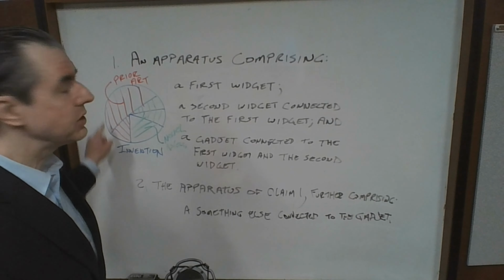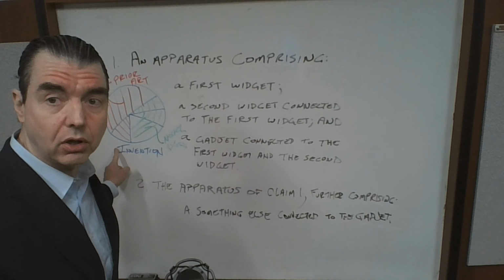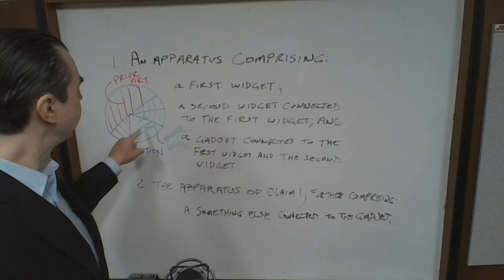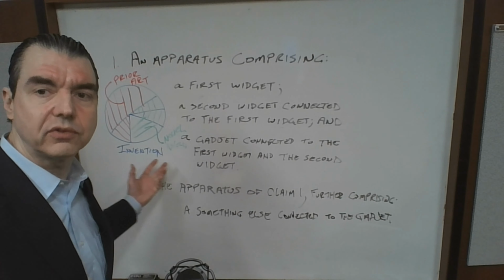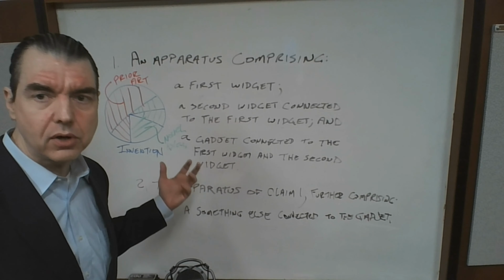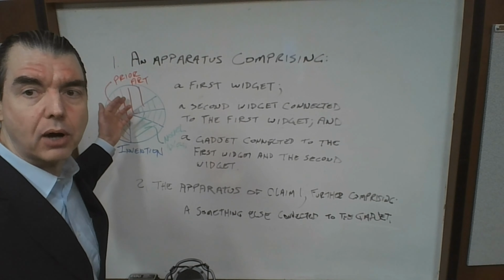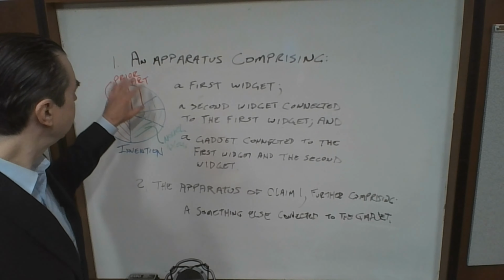If your invention is all of the subject matter contained within that circle, then these different aspects are going to be parts of your invention. And there are going to be some aspects of your invention that are likely prior art. So the part that I've cross-hatched in red here is prior art.